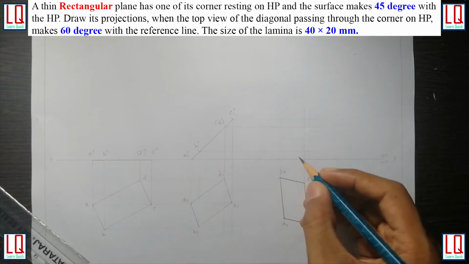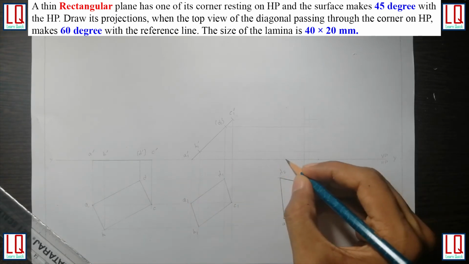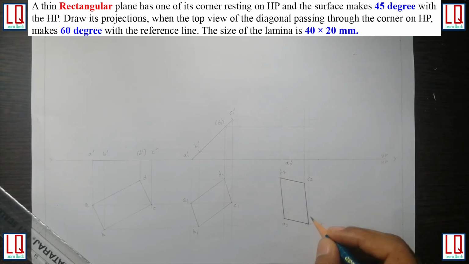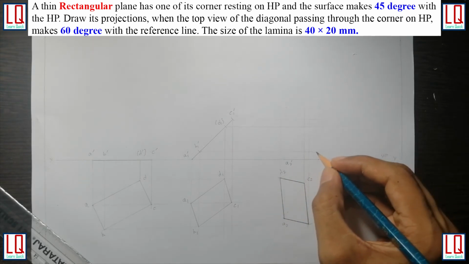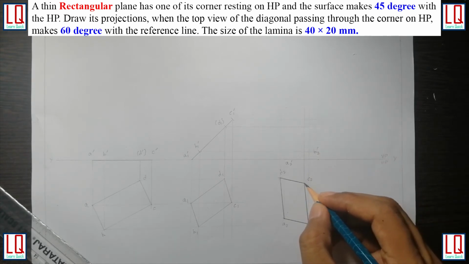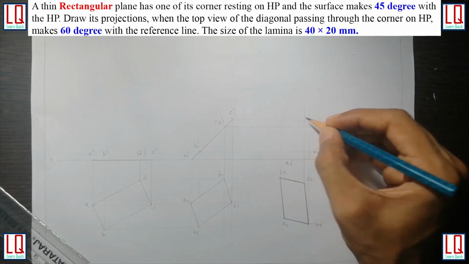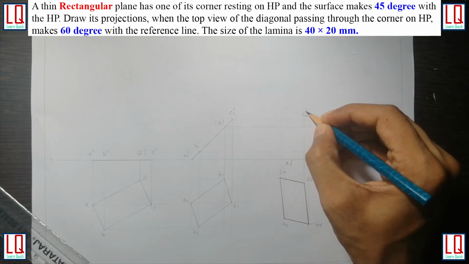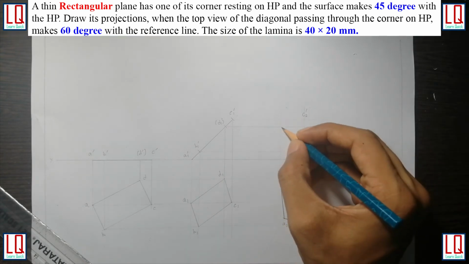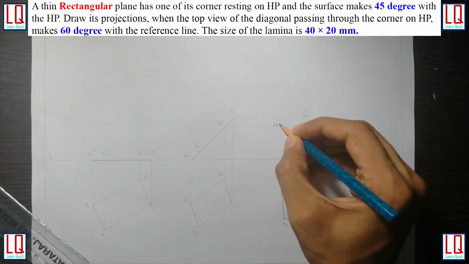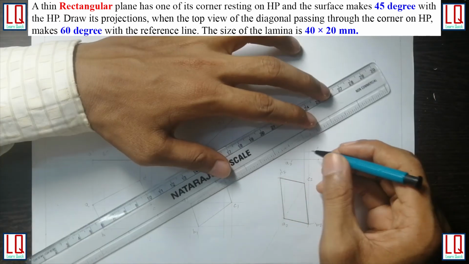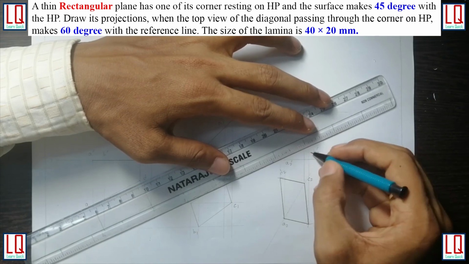Now mark the coinciding points. A2 and A1 dash meet here, so this is A2 dash. B2 and B1 dash meet here, marked as B2 dash. C2 and C1 dash meet here, so I mark C2 dash. D1 dash and D2 meet here, so I mark D2 dash. Since this is your final front view, I use my HB pencil to join all four corners.